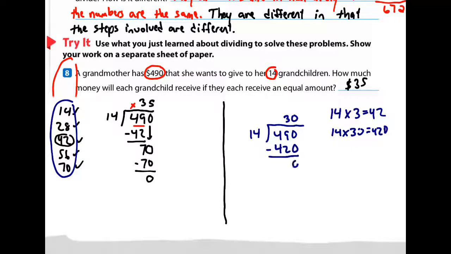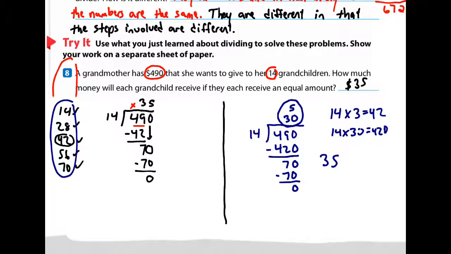I'm going to subtract and get 70. Then I'm going to say 14 goes into 70 5 times, which is 70. Subtract 0. Combine my partial quotients together, and I get 35, because 30 plus 5 is 35.